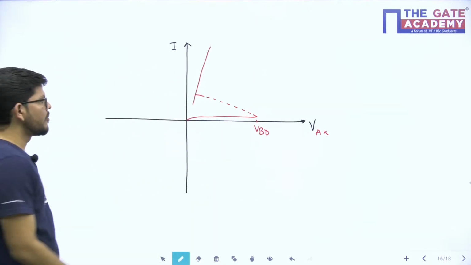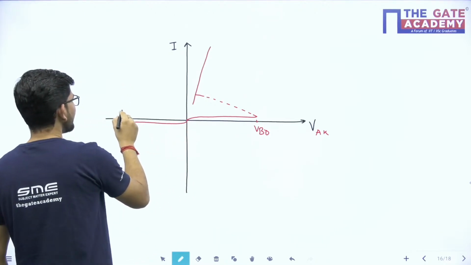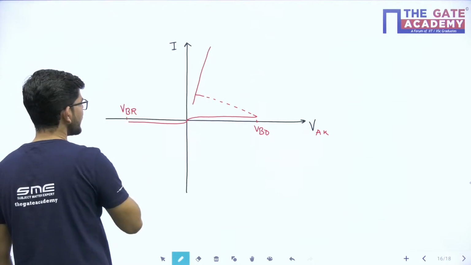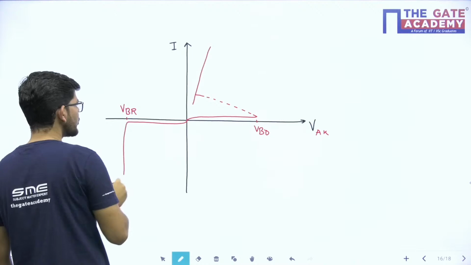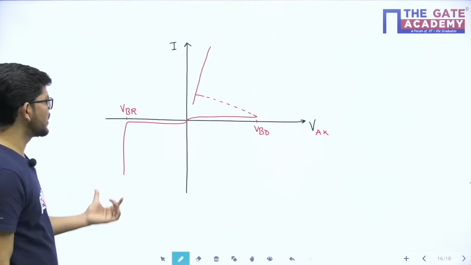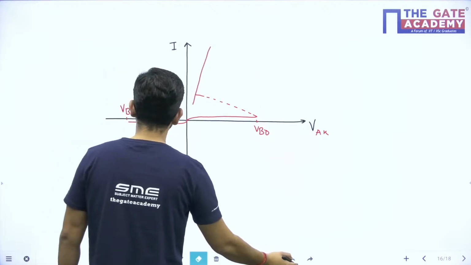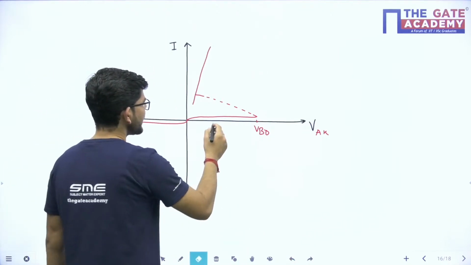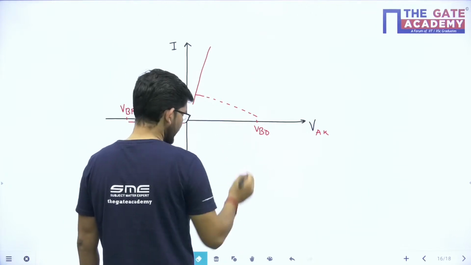During the reverse mode, a very little current, known as the reverse leakage current, flows. If you increase the applied voltage greater than VBR, then also the device turns on, but this is not recommended as well. What is the best operation? How to turn on the device? We apply gate pulses.